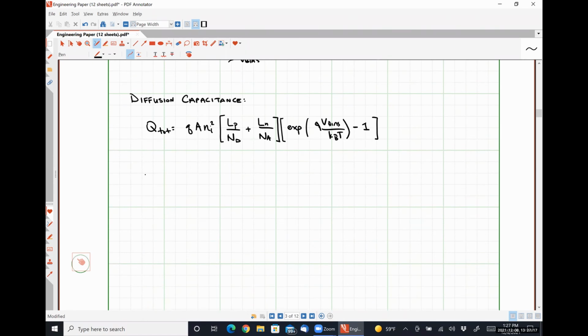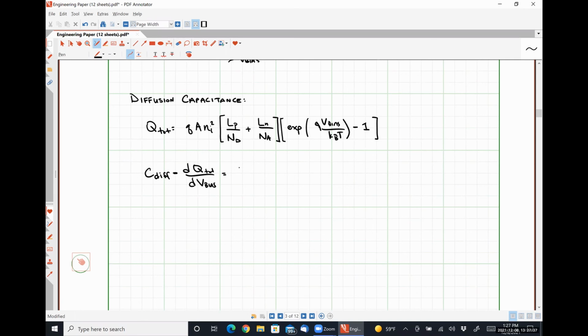Our diffusion capacitance, C_diffusion, is simply the derivative of Q_total with respect to V_bias.